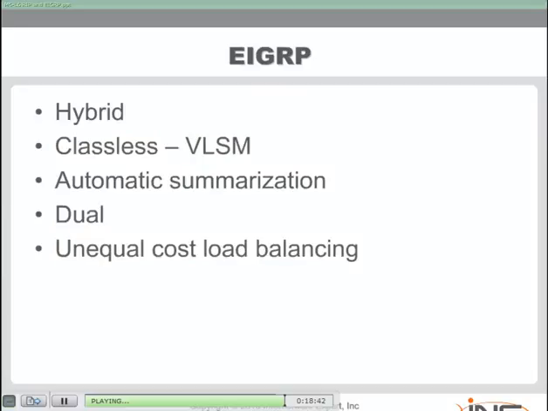So the fact that we can run EIGRP in order to route IPX, SPX, or AppleTalk, yeah, we really don't get that excited about this because IPX, SPX, and AppleTalk, these protocols are fading away. They're going the route of the dodo bird into extinction. So we really don't care much about EIGRP's ability to route for more than just TCP/IP.